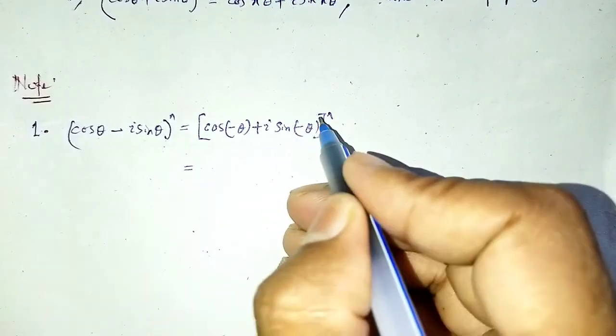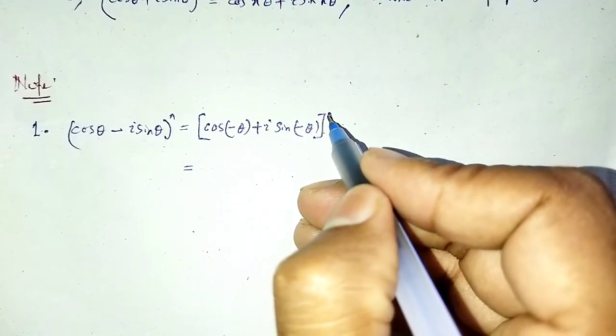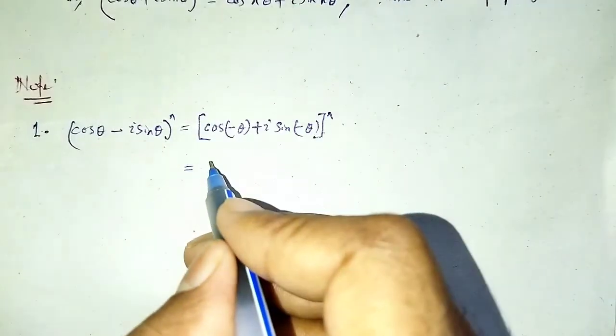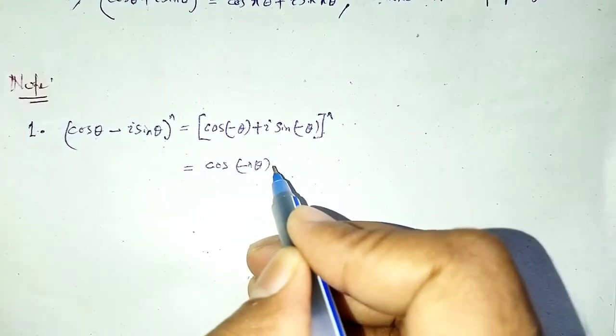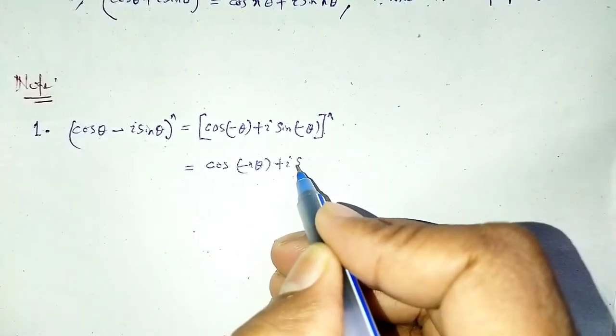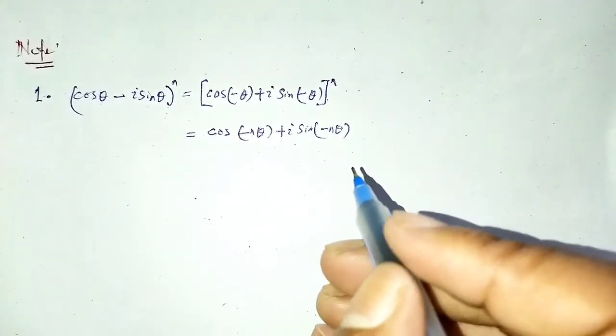Again using de Moivre's theorem, that power is multiplied to that of angle. We have cos minus n theta plus i sin minus n theta.